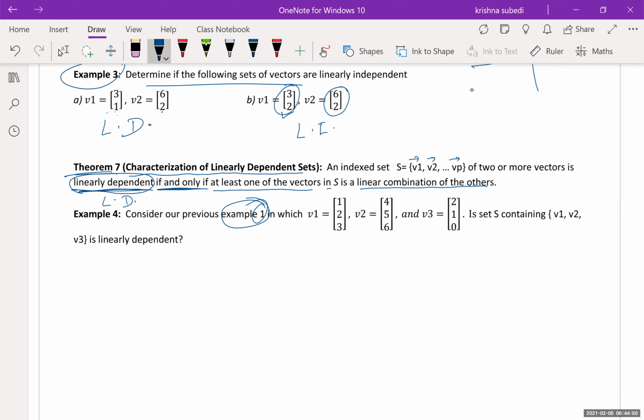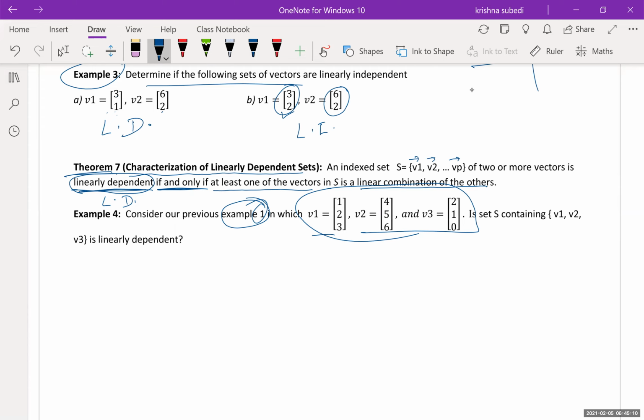It saves a lot of time. Otherwise, you can follow the method that we learned in example 1. After lots of practice, you can tell right away what the relationship between these vectors is, just by looking at it.